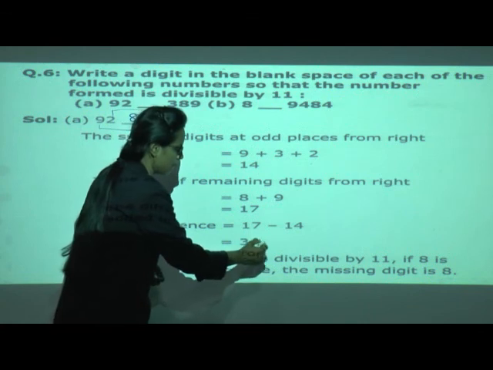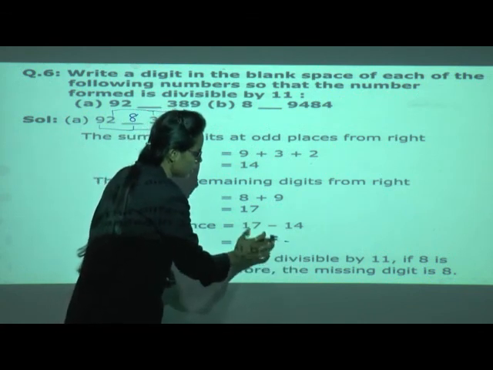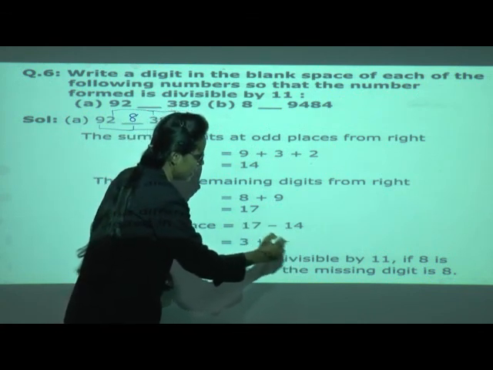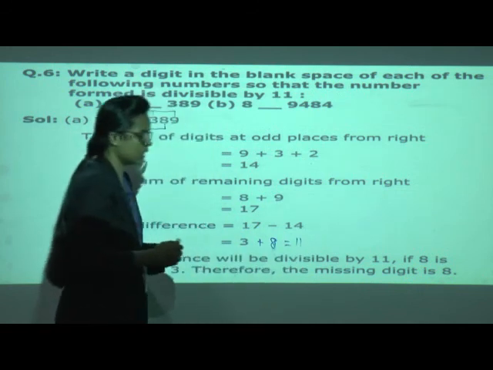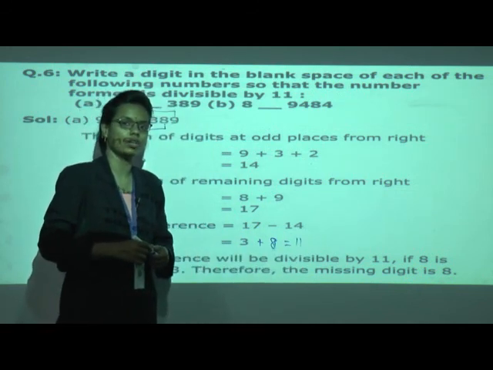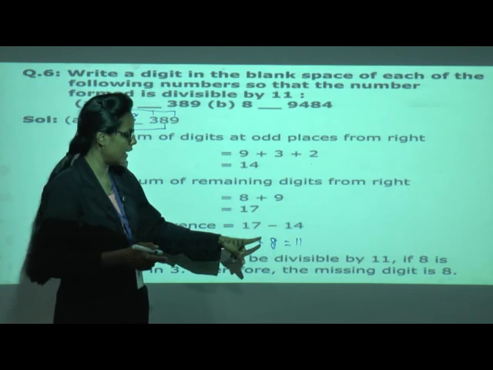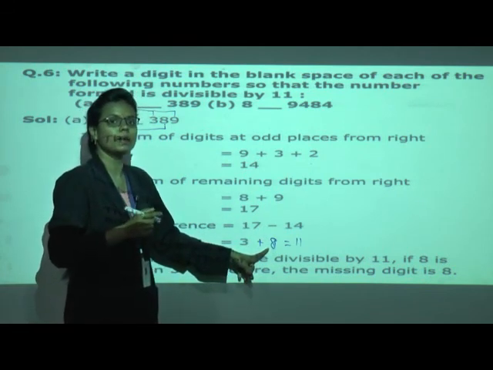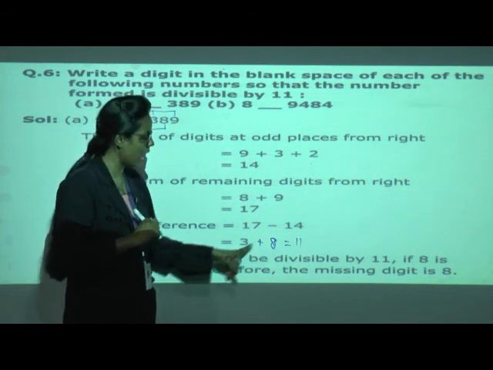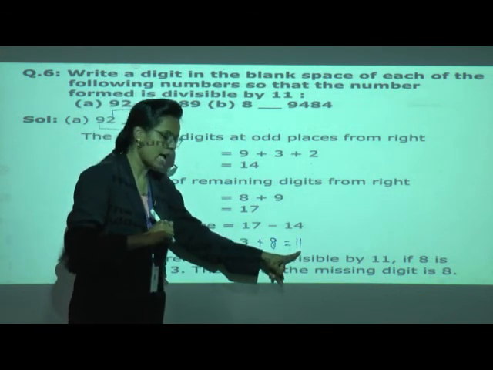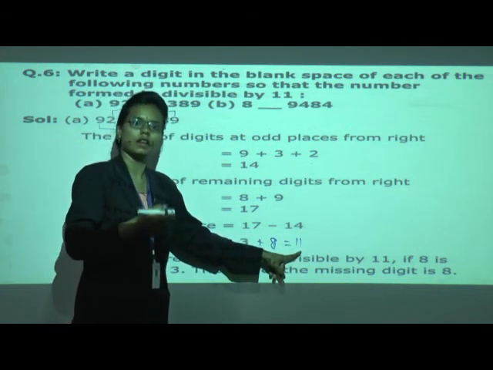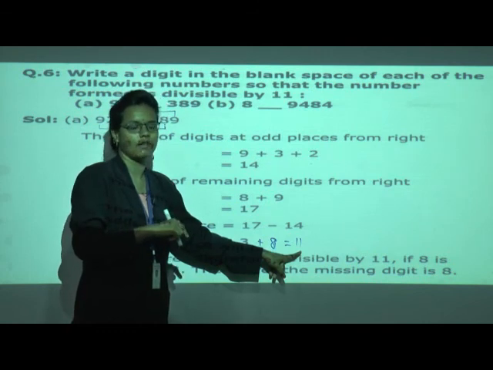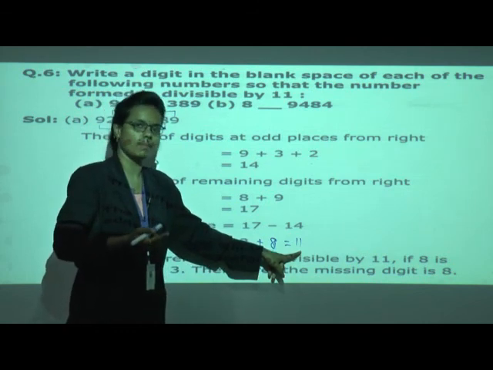Because 3 plus 8 is equal to 11. Why have we added 8? Because we have to find such a number that the number is divisible by 11, and if we add 8 we get 11, and if the difference is 11, the number is divisible by 11.